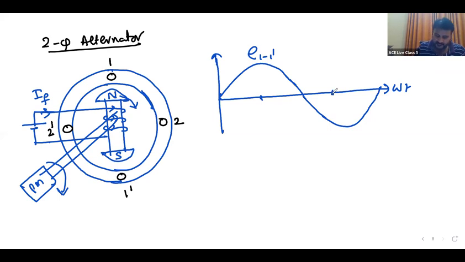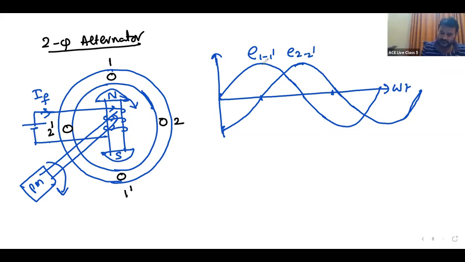It is like this: the induced EMF waveform, so this is E2 and 2 dash. But they will be displaced with an angle of 90 degrees. Peak value of phase 1 to phase 2 will be 90 degrees.